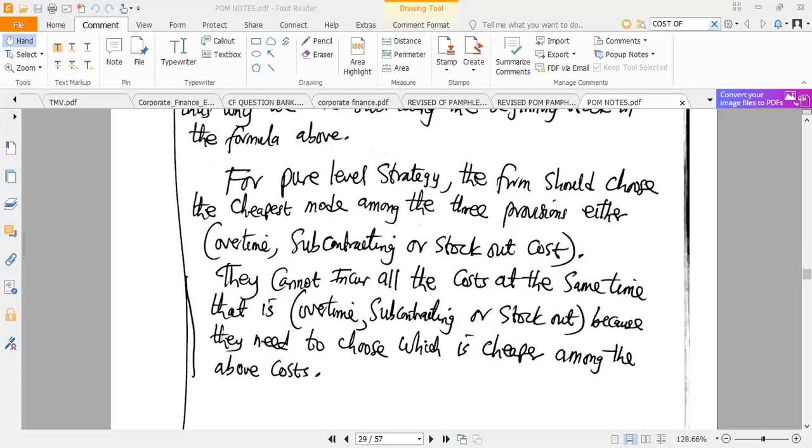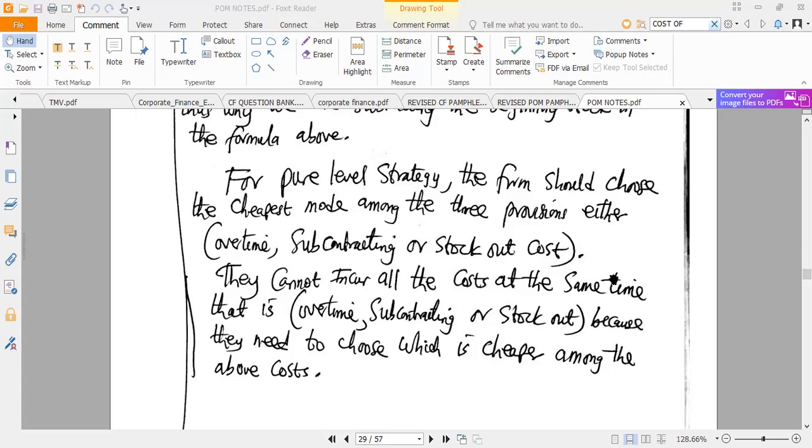So as a company, we incur subcontracting cost. That's option two. Option number three, if you cannot subcontract and the company policy doesn't allow overtime, then you'll be honest enough to declare that you don't have stock, and you incur what we call the stock out cost.